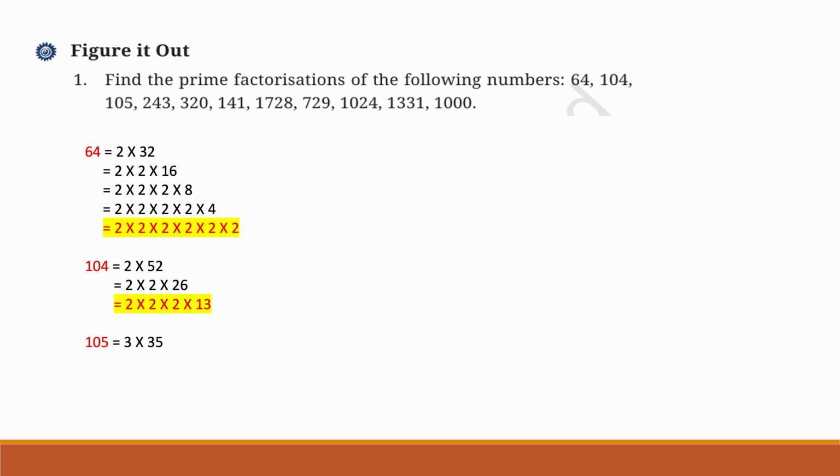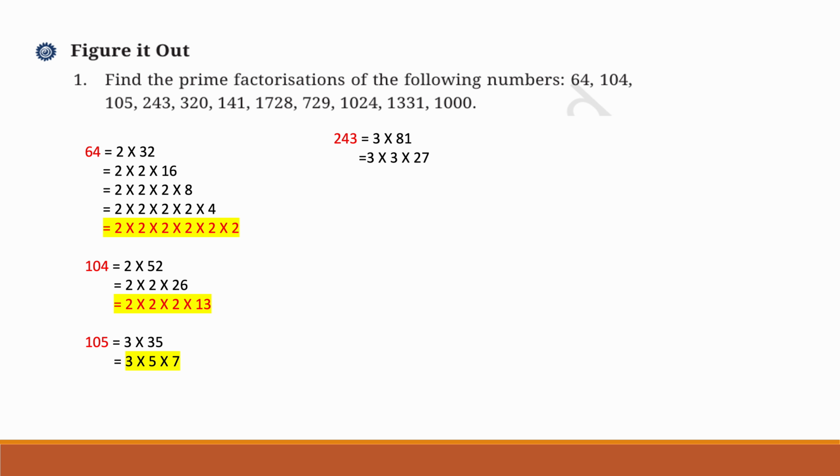Next number 105. We can write 105 as 3 into 35. Here 35 is a composite number. We can rewrite it as 5 into 7. So 105 is equal to 3 into 5 into 7. 3, 5, 7 are all prime factors. Next one, 243. We can write 243 as 3 into 81.